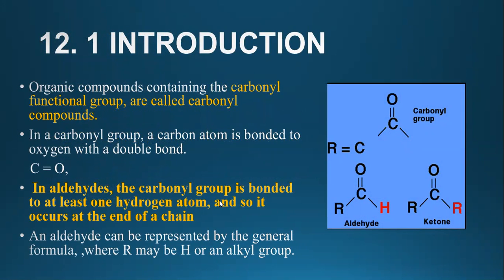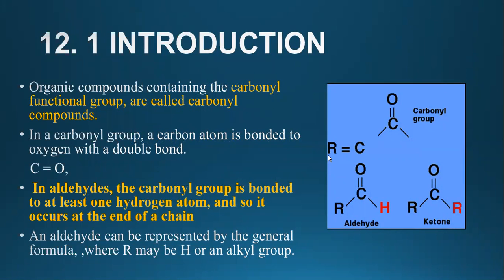Before going to discuss the detail of aldehyde and ketone, first we will see the structure of carbonyl group. The structure of carbonyl group will be represented by C double bond O group, and either its left and right side, both sides are replaced with any R group, and R group may be an aliphatic group or any aromatic group.